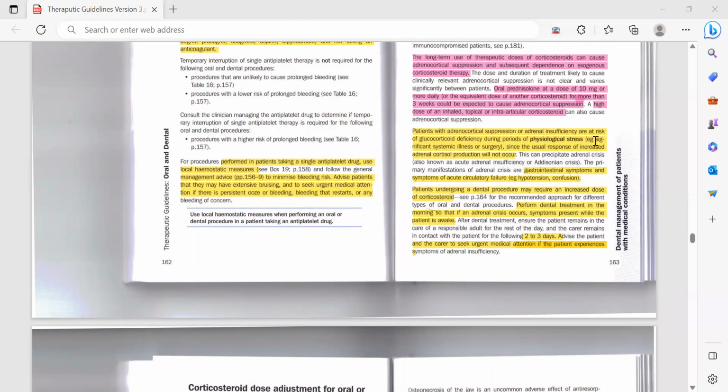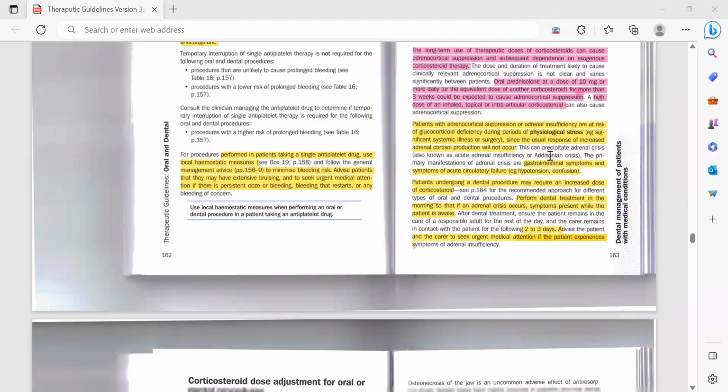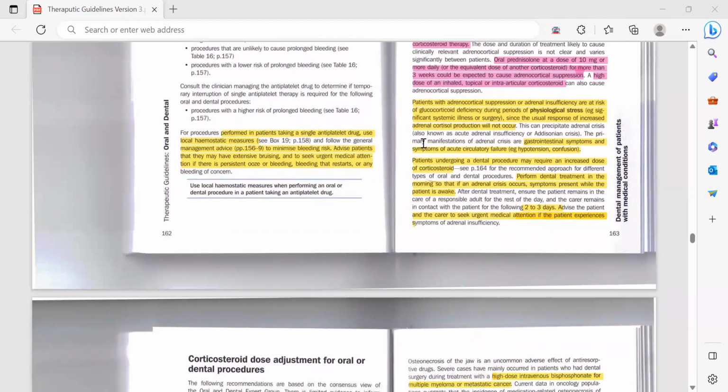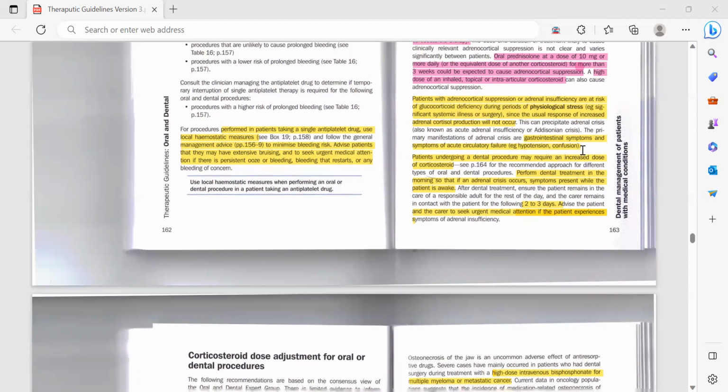Since the usual response of increased adrenocorticosteroid production will not occur because their body has relied on the outside source only, this can precipitate adrenal crisis. What are the signs and symptoms of adrenal crisis? There would be GIT symptoms and the symptoms of acute circulatory failure, which means hypotension or confusion.